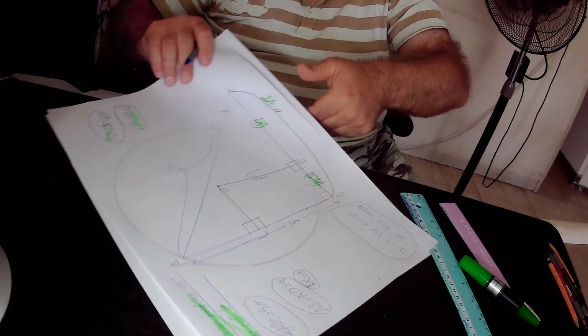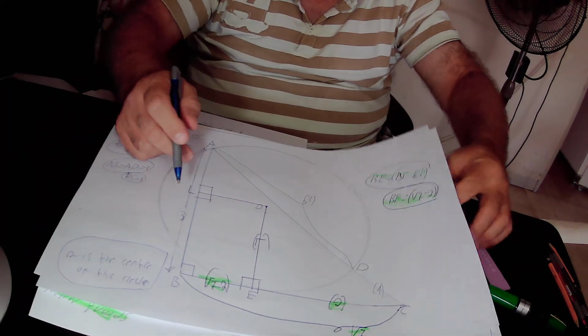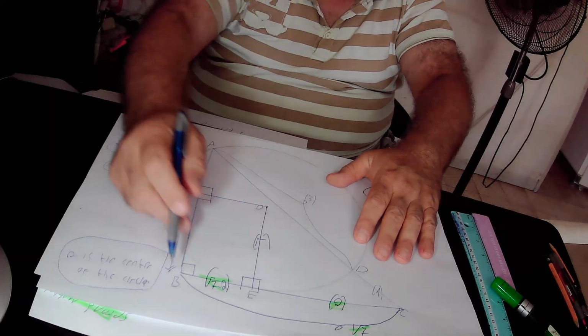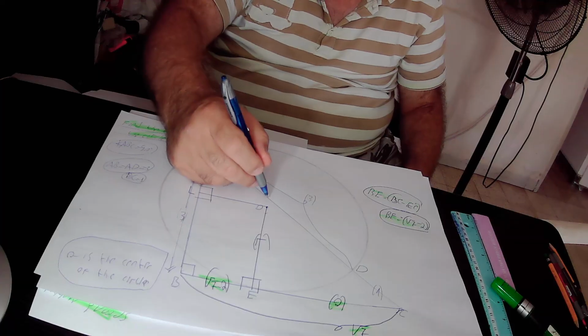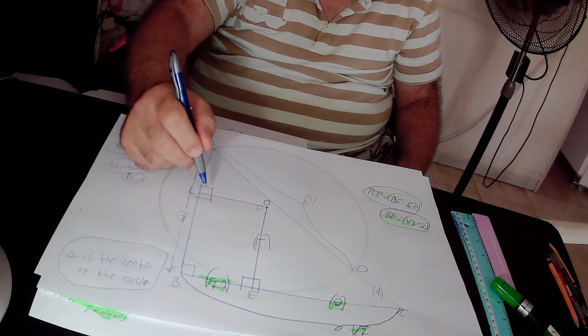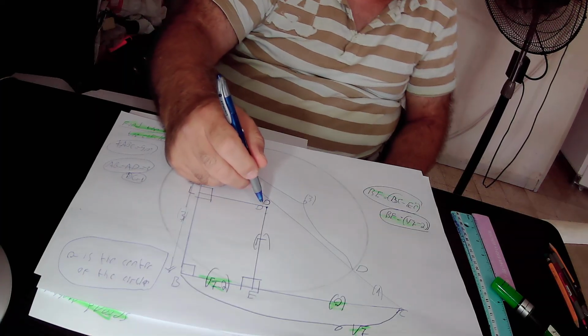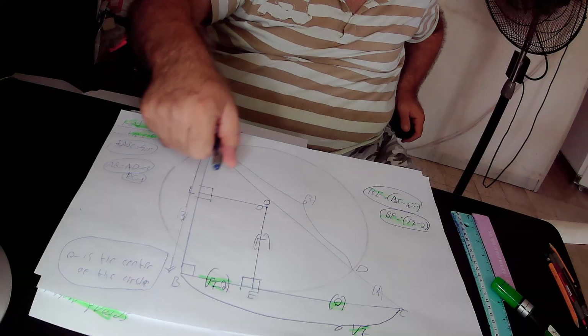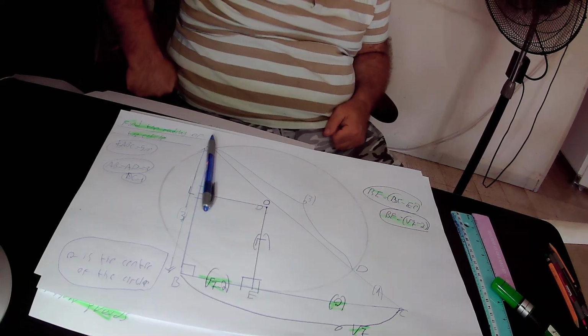By doing this construction, we get quadrangle LOEB. In quadrangle LOEB, we have 3 right angles. The sum of 3 right angles is 270 degrees, so 270 degrees plus the size of this fourth angle must equal 360 degrees, according to the rule that the sum of the angles in any quadrangle is 360 degrees.